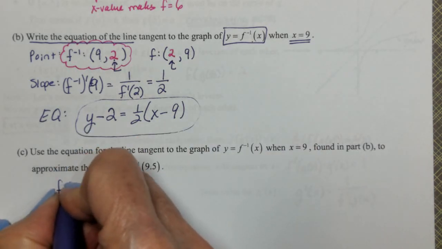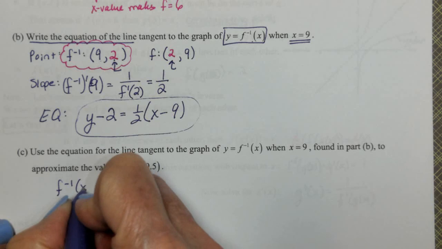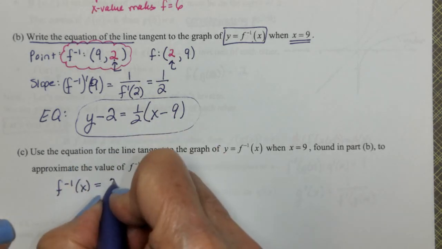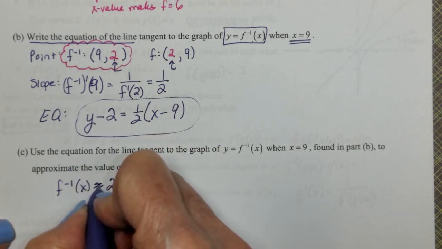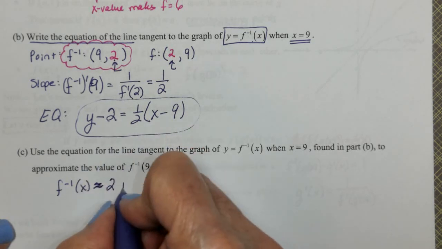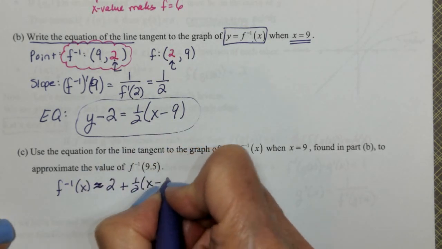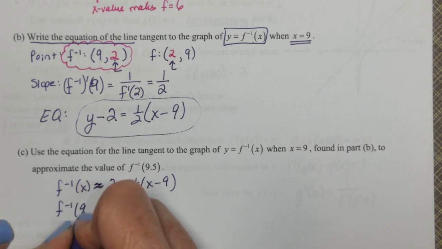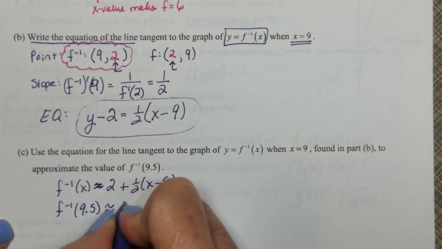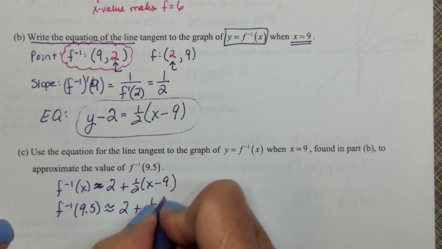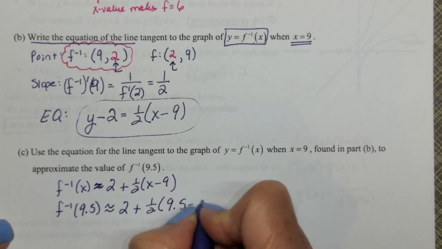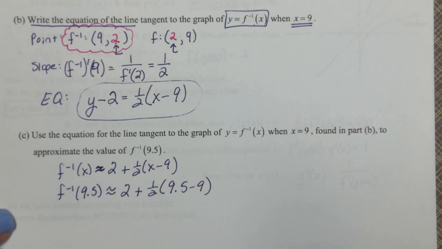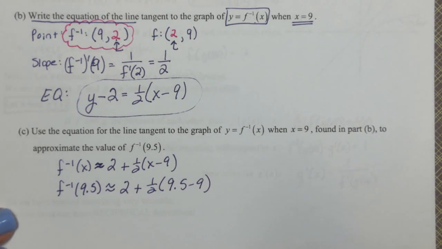So if we add 2, an approximation for f inverse would be 2 plus 1/2 times x minus 9. We're moving the 2 over. So f inverse of 9.5 would be approximately 2 plus 1/2 times 9.5 minus 9. And we could simplify that if we needed to, but this is an FRQ, so I'm going to stop there.